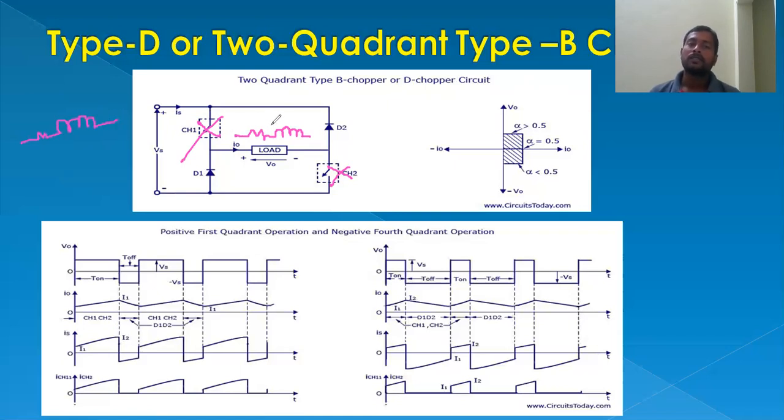While absorbing energy, or while storing energy, the polarities of the inductor will be positive and negative. While releasing energy, how will the terminals be? This becomes negative, and this becomes positive.